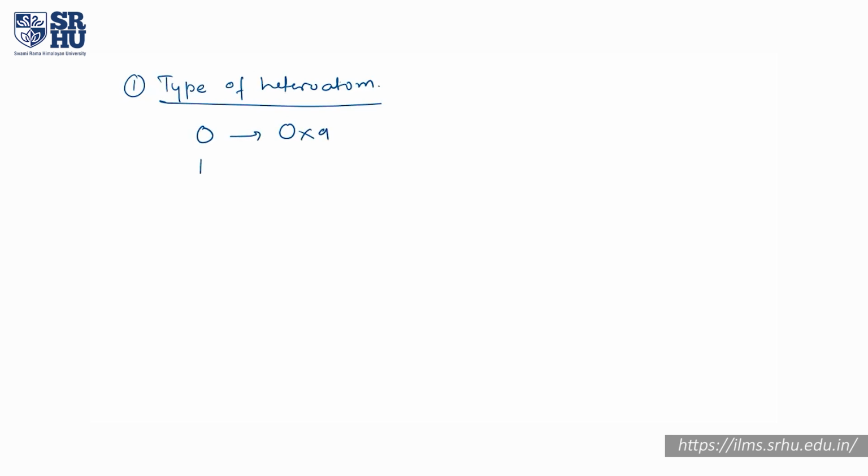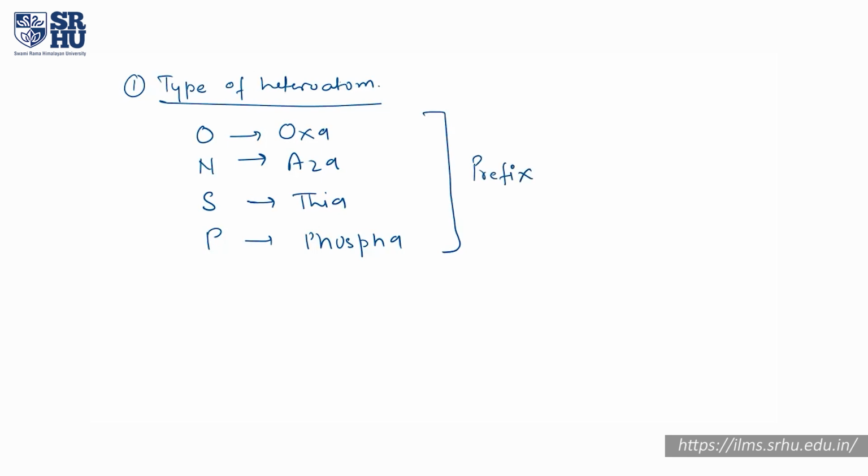If it is nitrogen, we use aza, if there is sulfur, we use thia, and if there is phosphorus, we use phospha. The name is indicated by a prefix, which usually comes before in the name.